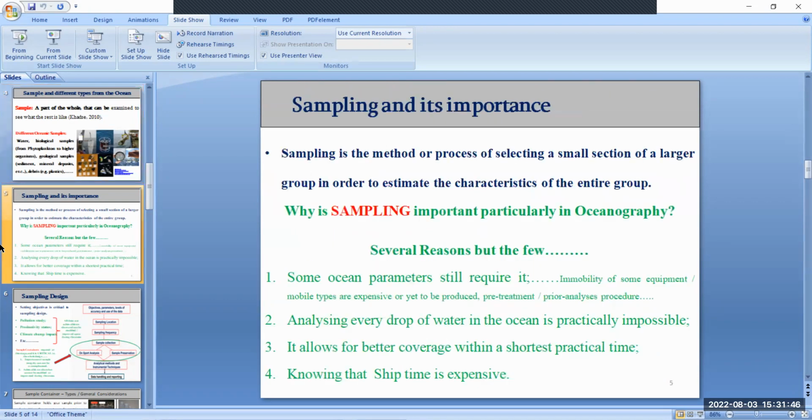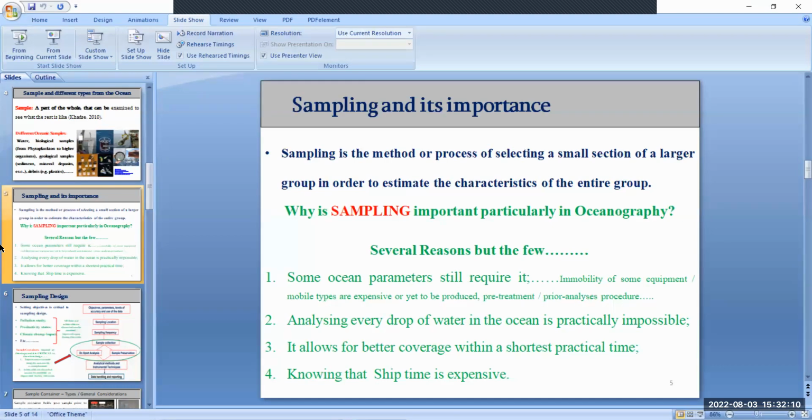Sampling is the method or process of selecting a small section of a larger group in order to estimate the characteristics of the entire group. As I've defined, a sample is a small portion that you study to characterize the other components.